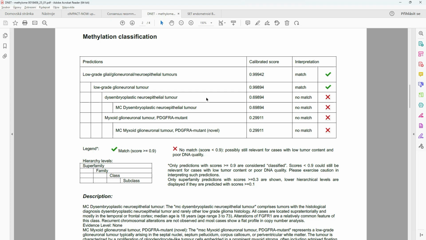We didn't perform molecular studies, but they probably will ask for that later. So this is an example of a CNS tumor type that is essentially impossible to diagnose without methylation profiling, based on morphology only.